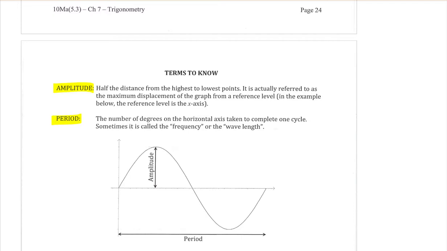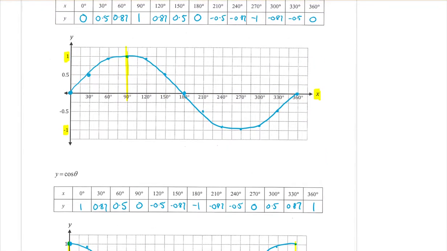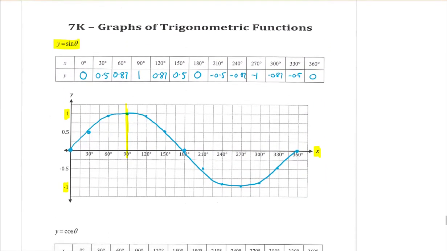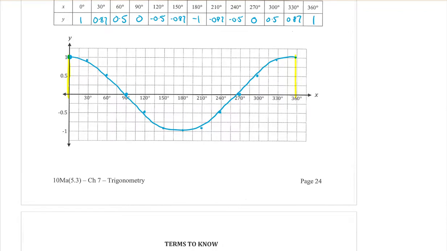So this picture that you've got here, doing this complete rotation of the curve, that is one period of the graph, and after that it's just going to repeat that pattern over and over again. So what we've drawn up here for both of these graphs is one period. So the sine graph has a period of 360 degrees, and so does the cos graph, because after 360 degrees they'll start repeating again.